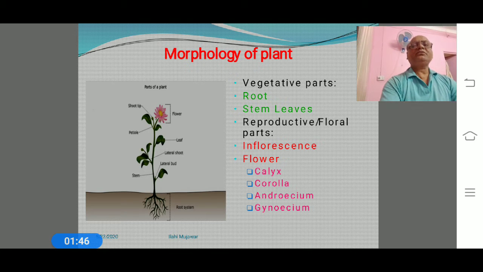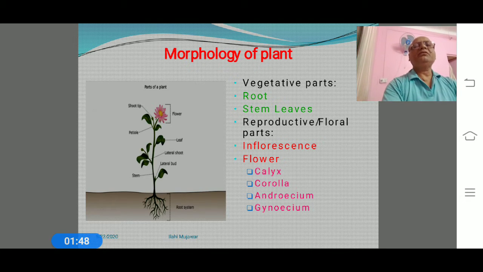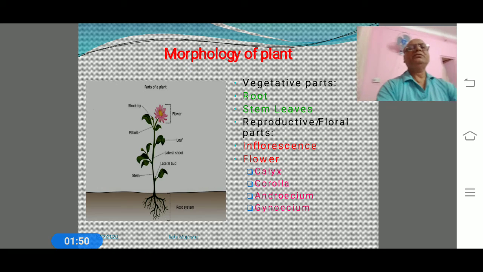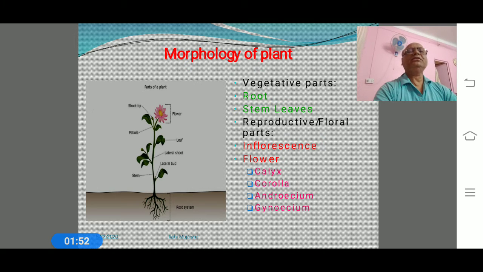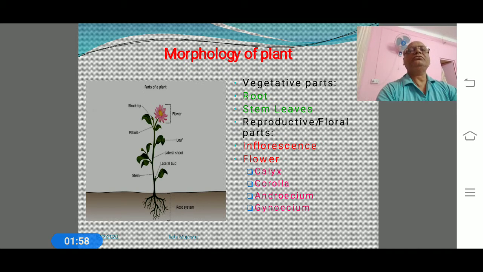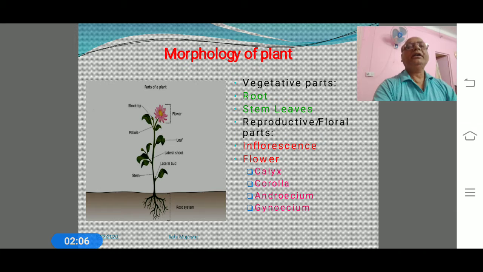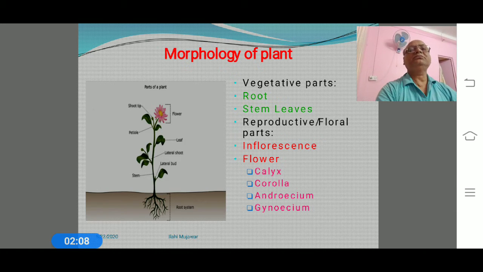The second part, above the ground level, is the stem, the main thing in the plant, and the stem produces the branches and the leaves. Leaves are green in color, of various shapes and sizes. Later we discuss the morphology of the leaves, and leaves, being green, perform the function of photosynthesis.